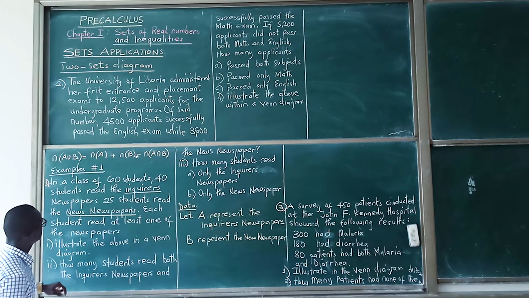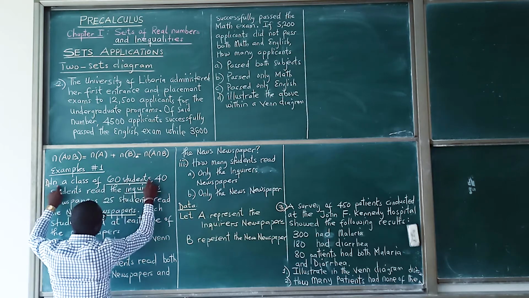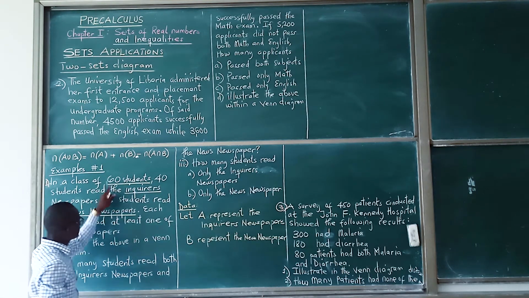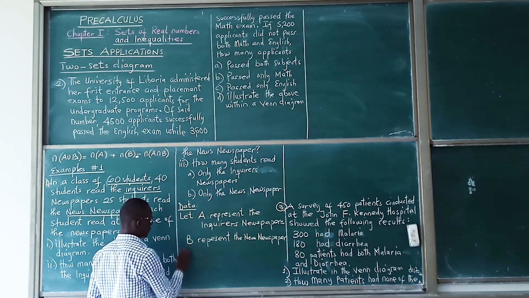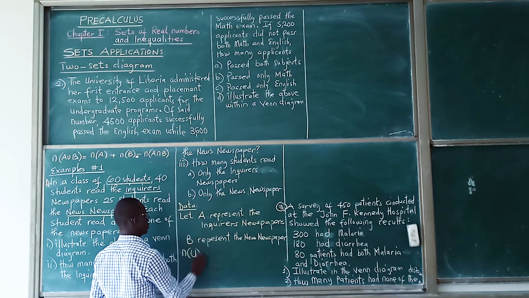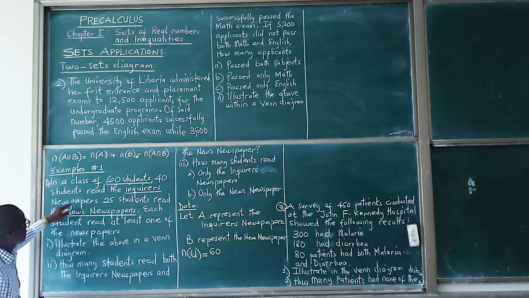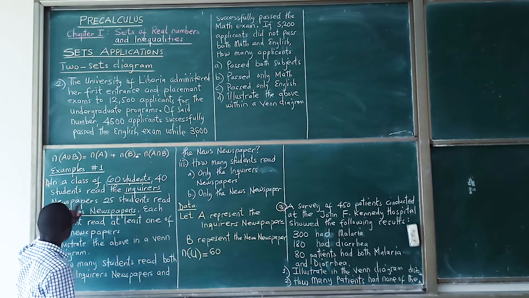Now, the next thing we know is that we have a total class of 60 students. So 60 represents the universal set. So we have the number of U is equal to 60. The next thing we have, 40 students read the Inquirer newspapers.